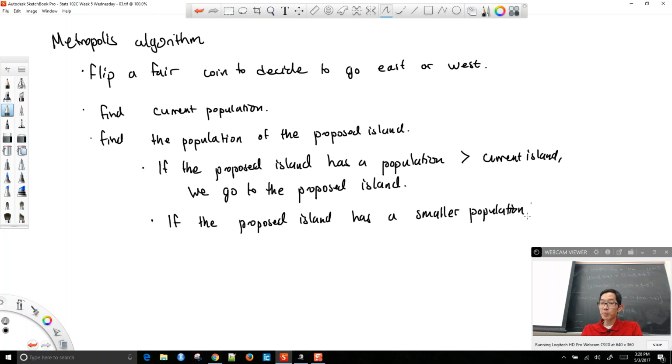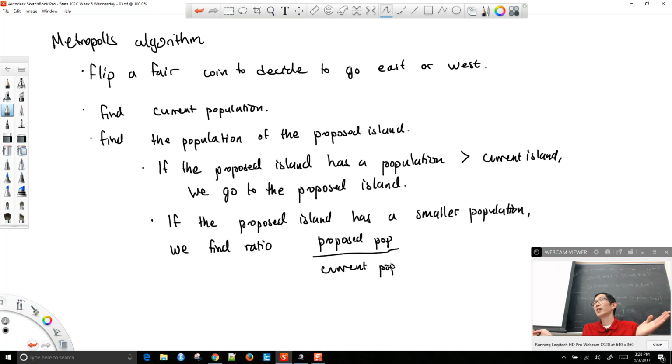If it has a smaller population, we find the ratio, proposed population divided by current population, and we call this the probability of move.